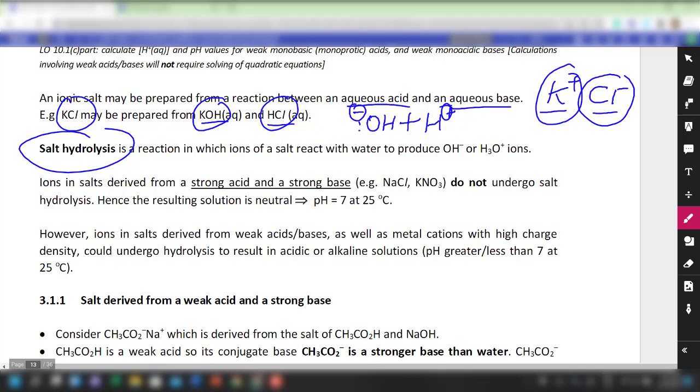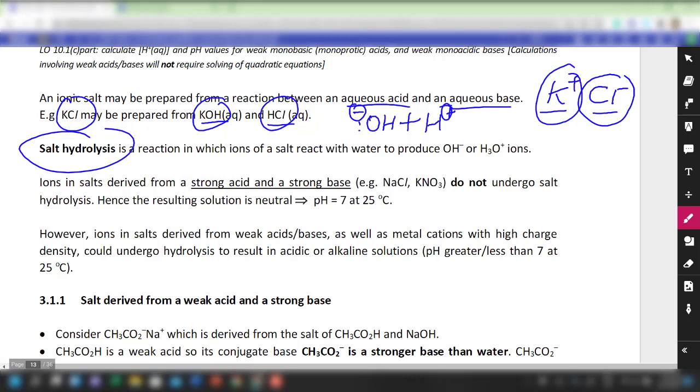We want to emphasize that many salts are actually a result of the reaction of either a strong base with a weak acid, or a strong acid with a weak base.